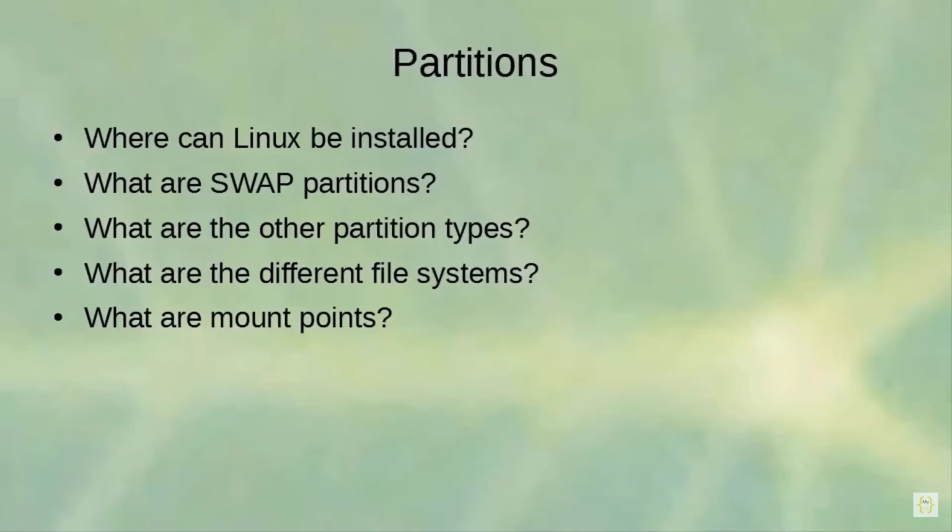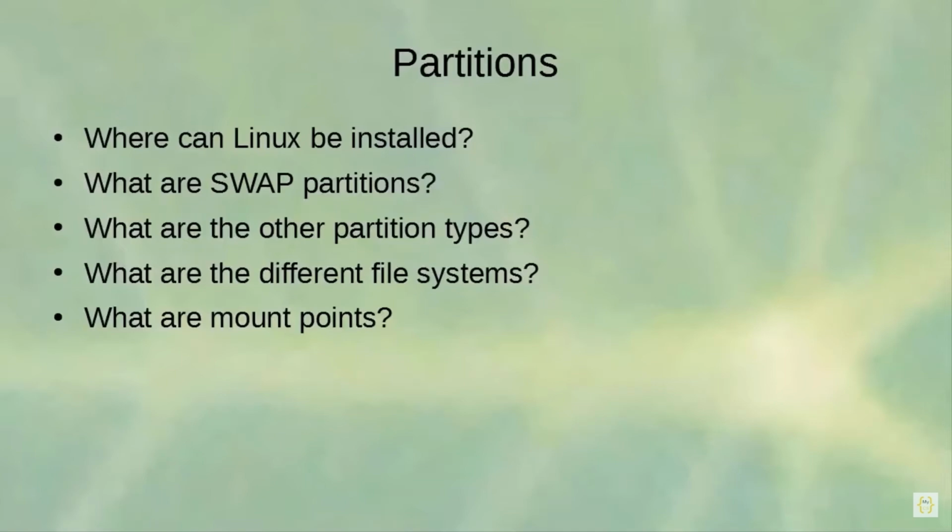So what are the other partition types? Well, you've got these Linux types. You've got your swap. You also have things like RAID partitions or LVM partitions. LVM is logical volume management, the idea being that you can create a giant partition and then make other fake-ish partitions inside of it.